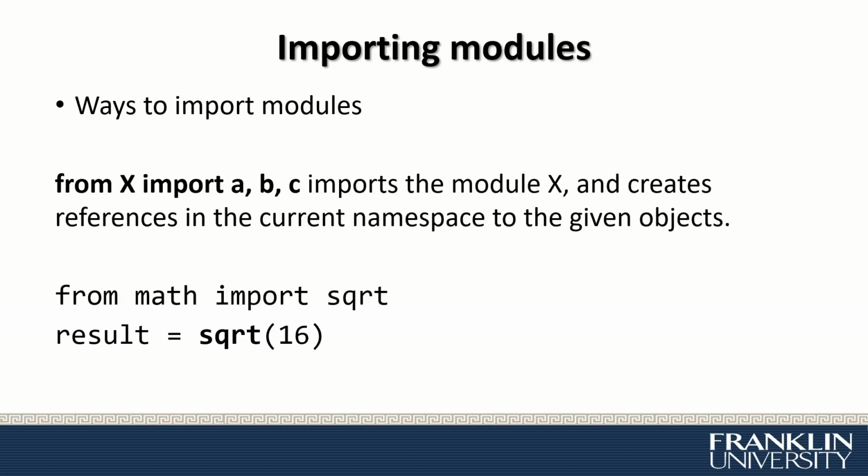And you can also import a particular object. For example, from math import sqrt. So only the square root function is imported from the math module. It doesn't know any other function in the math module. They will not be imported.